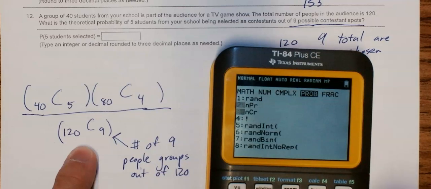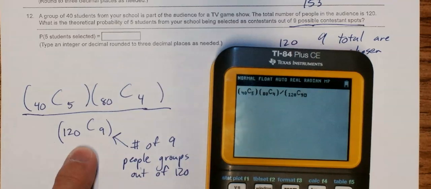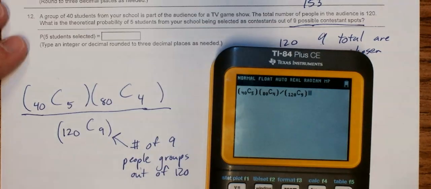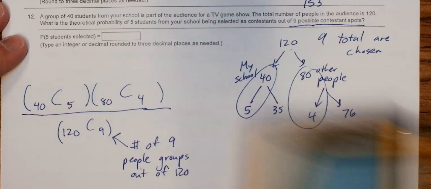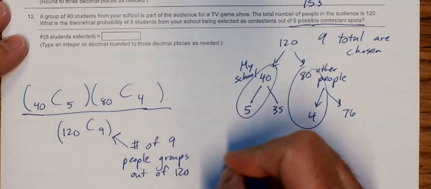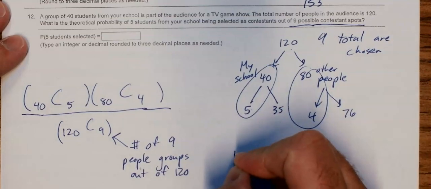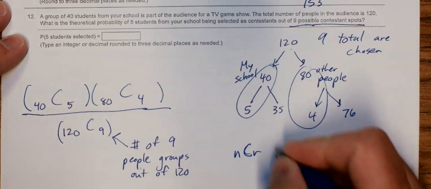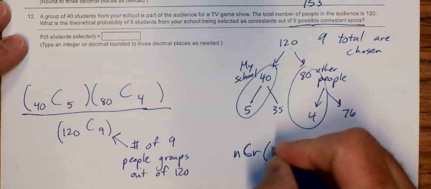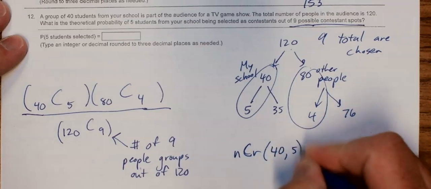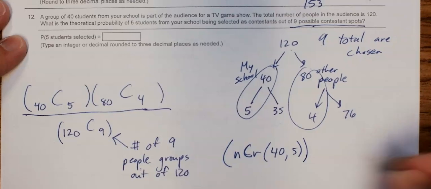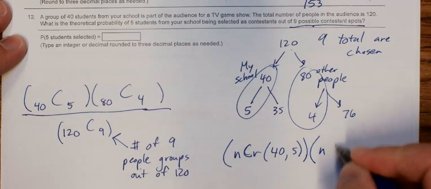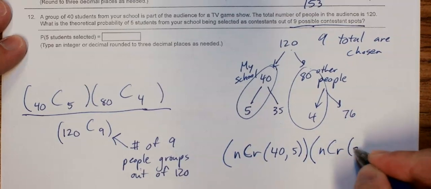And I do want everybody doing this on either a calculator or Desmos, whichever you prefer. And I'll be happy to write out those instructions as well. But please make sure that you're doing this. Here, if I was doing this on Desmos, I would probably do N capital C lowercase r, parenthesis 40 comma 5 parenthesis. We'll put parentheses around that, and then another set of parentheses NCR parenthesis 80.